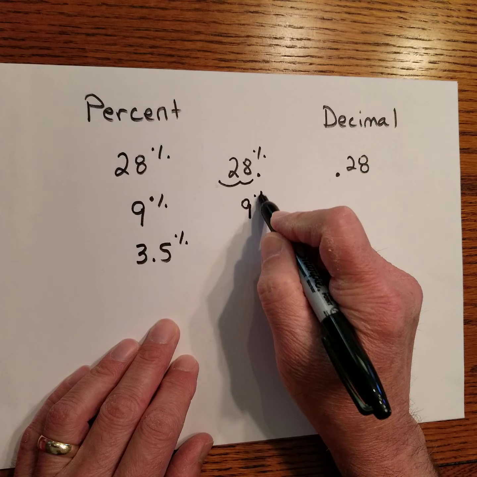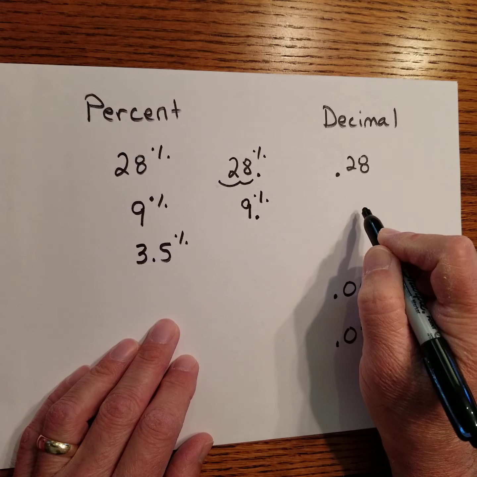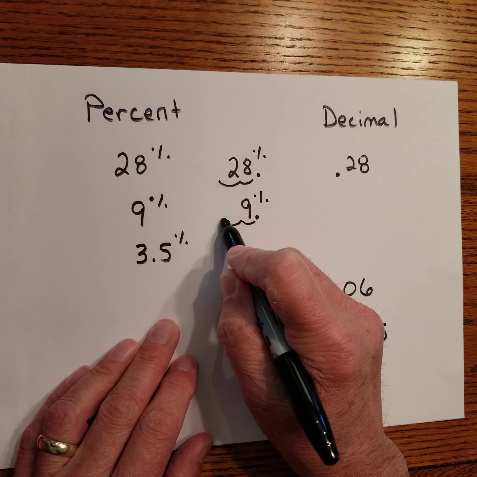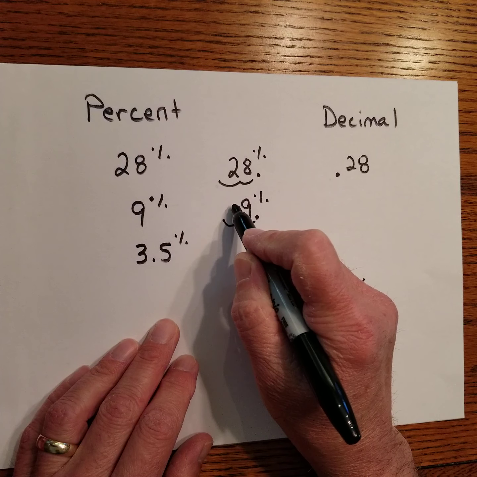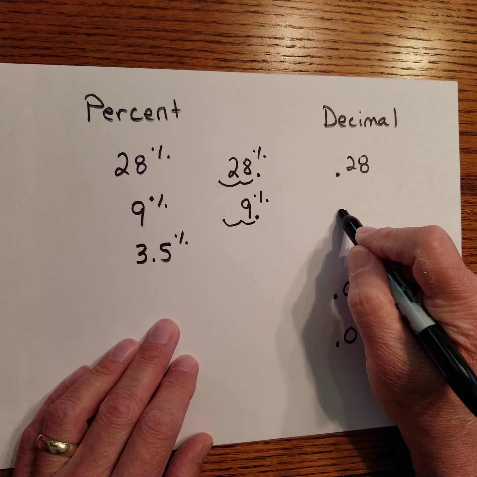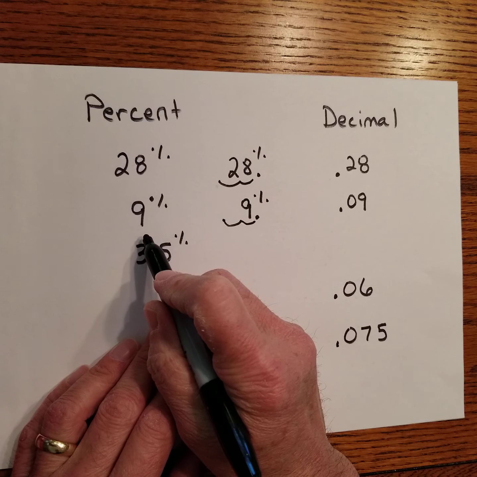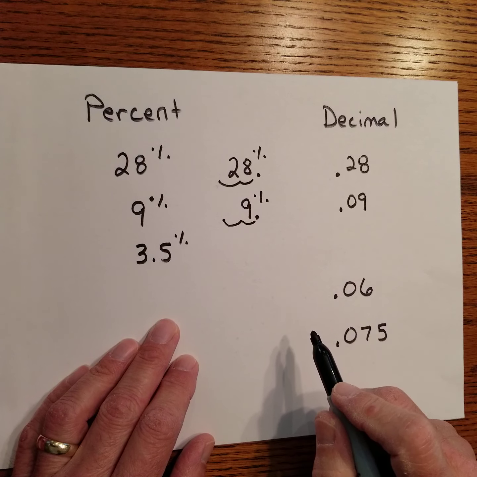If I start with 9% and change it into a decimal, I move the decimal point 2 spots to the left. That leaves me room for a 0 between the decimal point and the 9. 9% is 0.09.